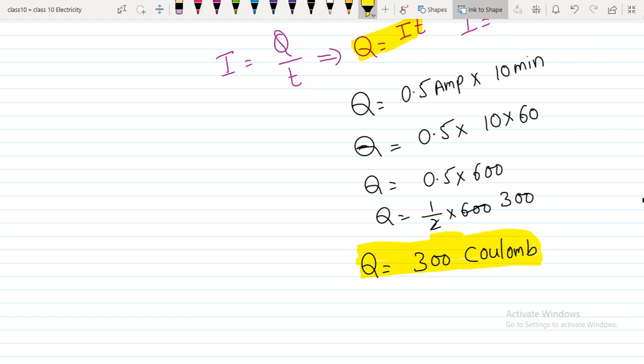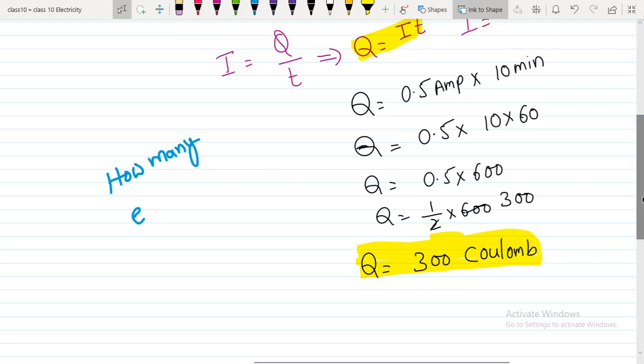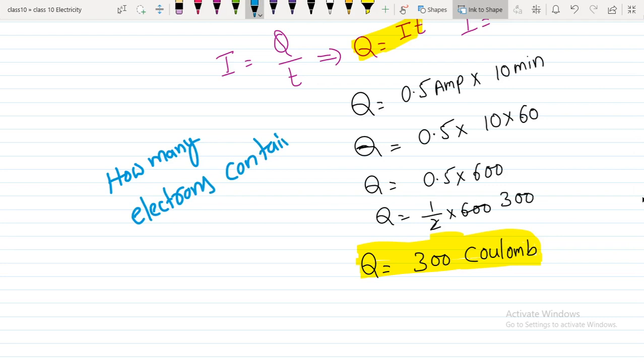So let us ask a question. How many electrons are contained in 1 coulomb? So in 1 coulomb, how many electrons are there?